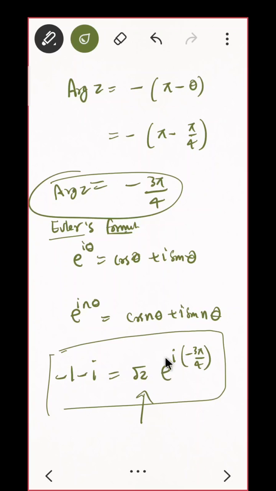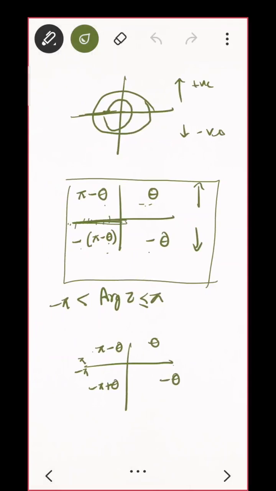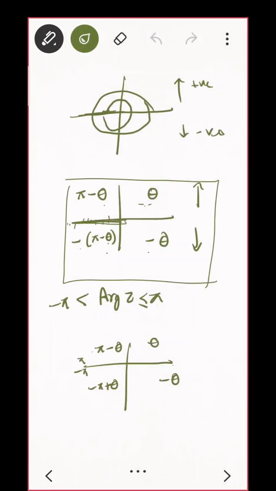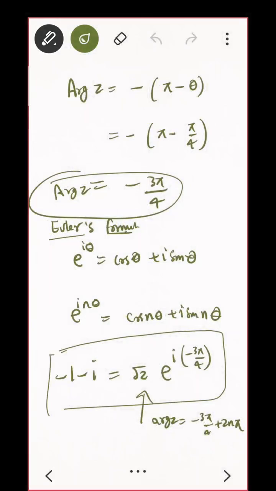And if you are asked to find argument, small argument क्या रहेगा? It will be minus 3 pi by 4 plus 2n pi. Do you remember that formula? यहाँ पे लिखा था हम लोगों ने, small argument of z is argument of z plus 2n pi. So capital argument निकाला तो उसके बाद मिल जाएगा तुमको.